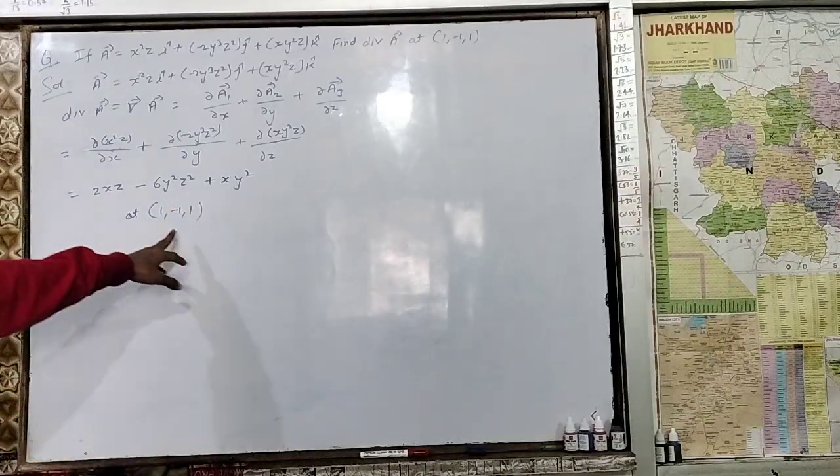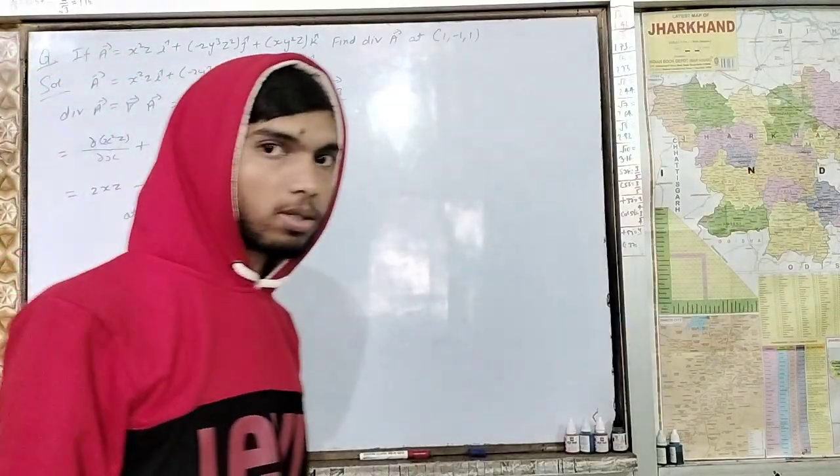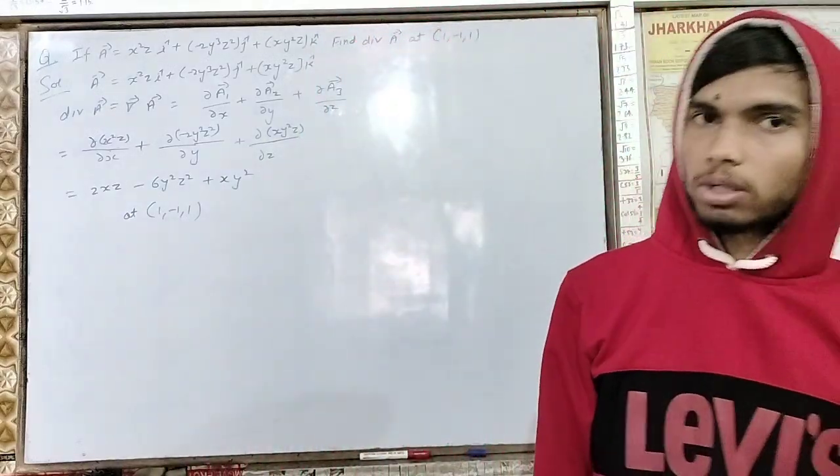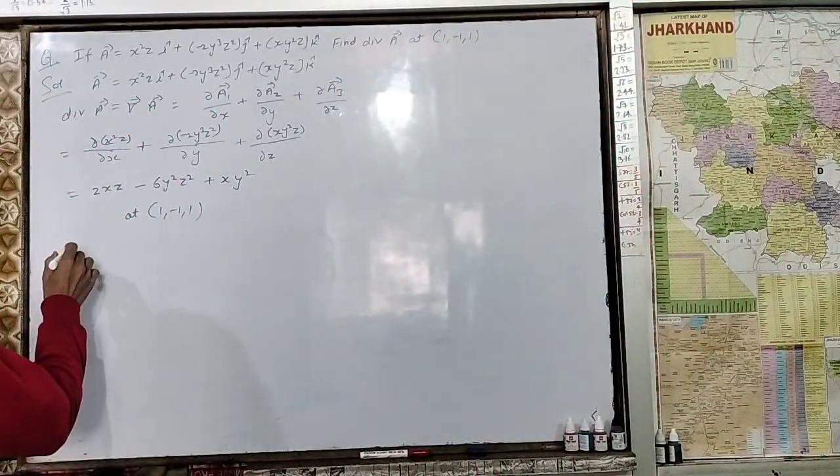At this point we have to find the divergence of the vector. So we will substitute the value of x, which is 1, the value of y, which is minus 1, the value of z, which is 1. That's it, and your answer will come out.